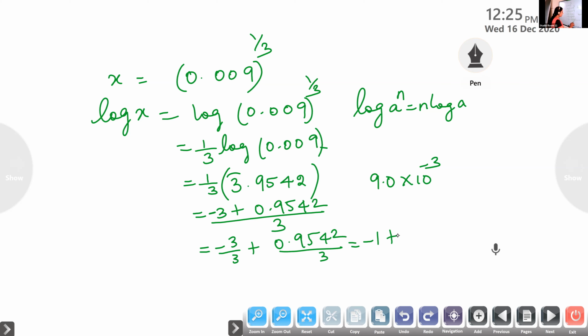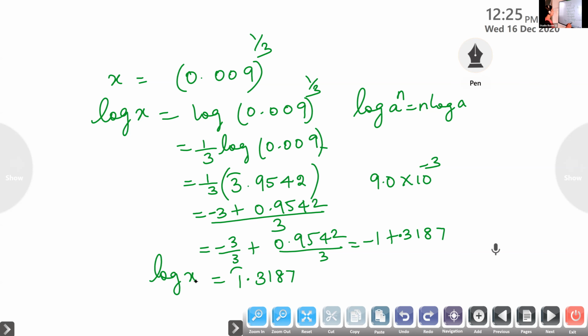Plus, when you divide 0.9542 by 3, you get 0.3187. This is the same as 1 bar point 3187. So this is log x. Up to this, is it clear, children? Tomlin, is it okay?